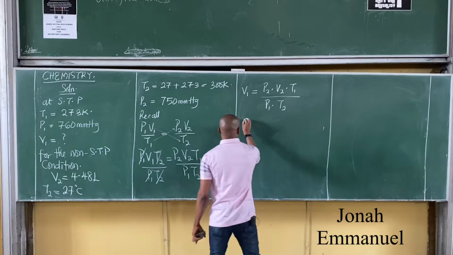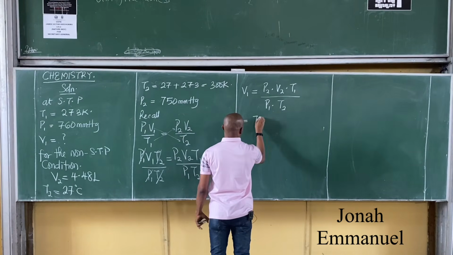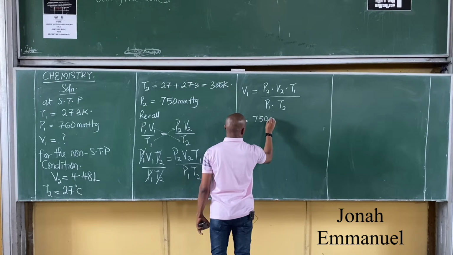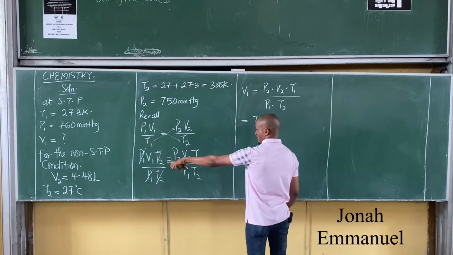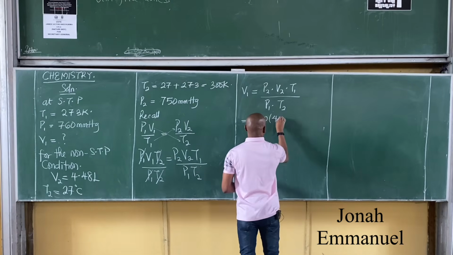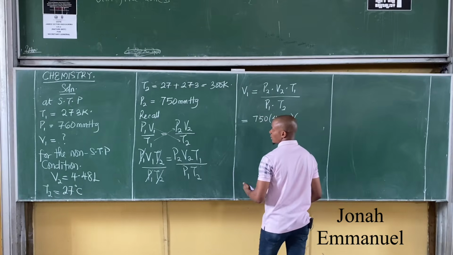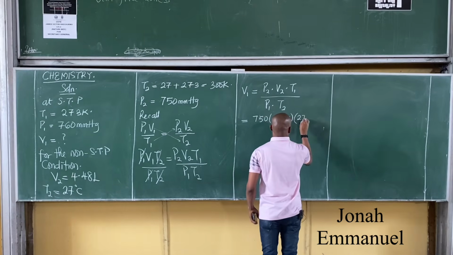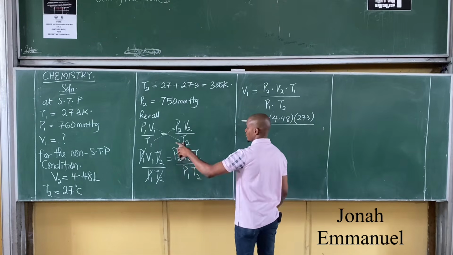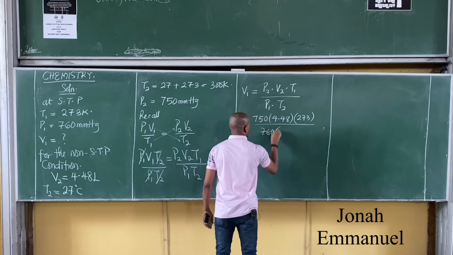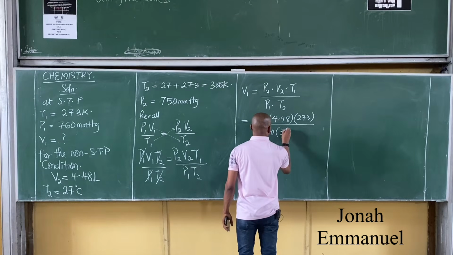So impute the values. What's P2? 750, multiplying V2, which is 4.48, times T1, 273, all over P1, 760, times T2, 300.